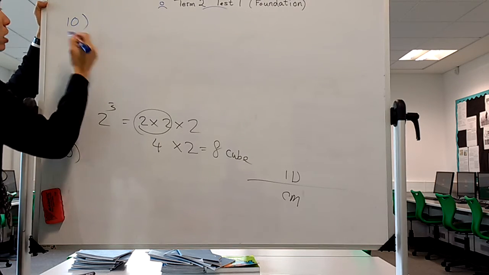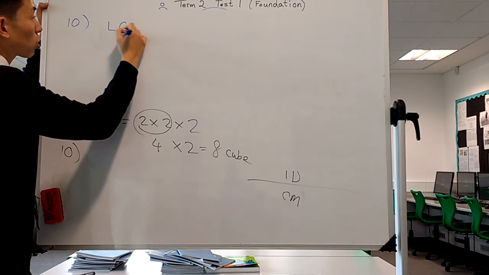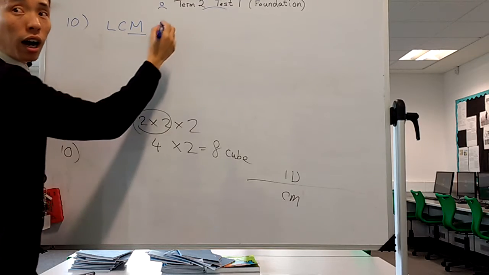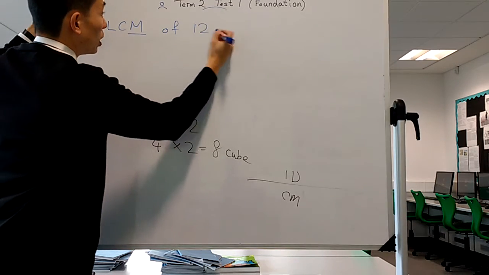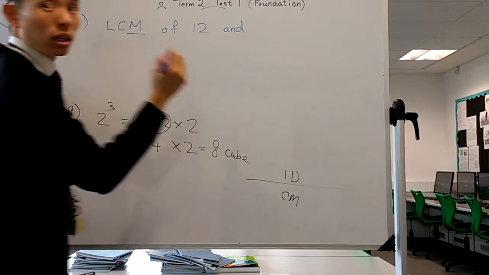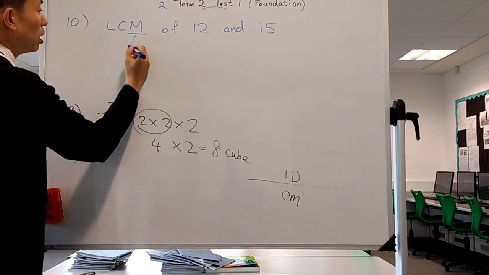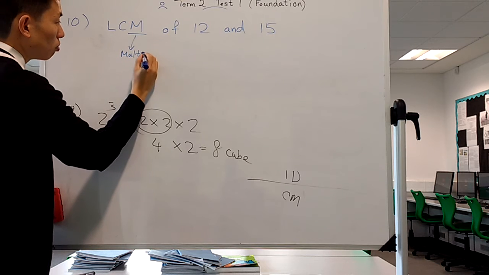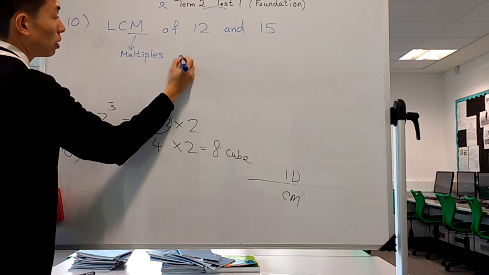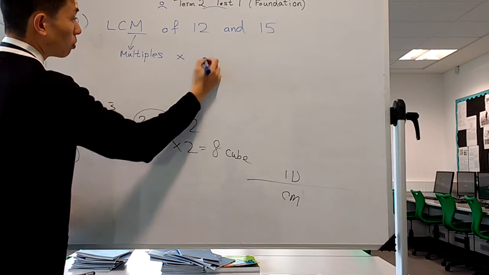So number 10, you are asked to find the lowest common multiple of 12 and 15. Well, you need to know what multiples means. Multiples, multiply, is basically the times table.